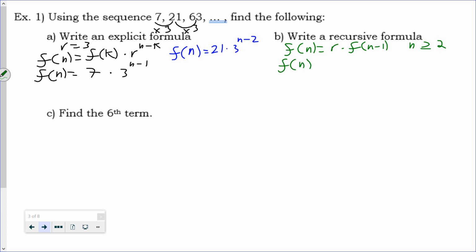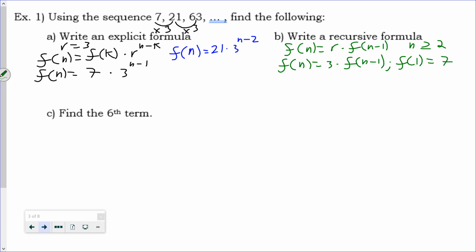So f of n will equal 3 times f of n minus 1. I can't really plug in n minus 1 there because I don't really know what I'm looking for. Or really a better way to say it is that I want to have the general case to solve for any term that I want. And I need to say that f of 1 is 7. So I want to put what the general case is going to be so I know where I'm starting, so I can solve for every single term that's here.